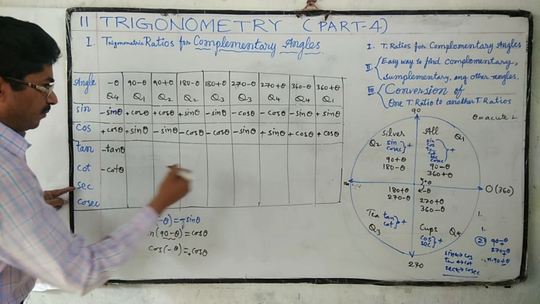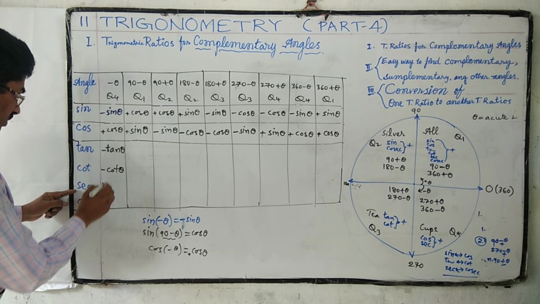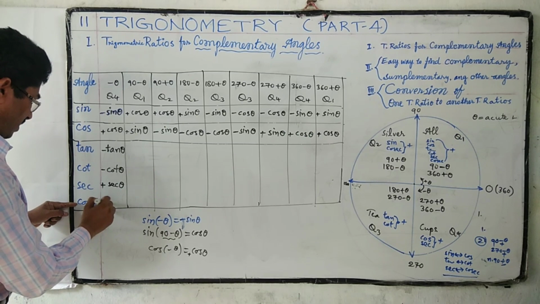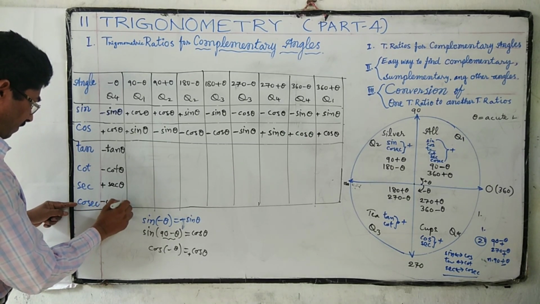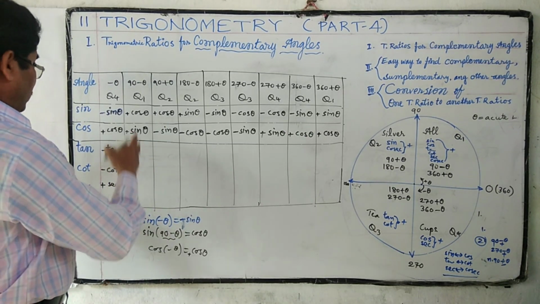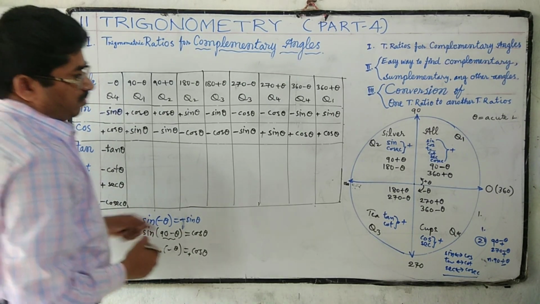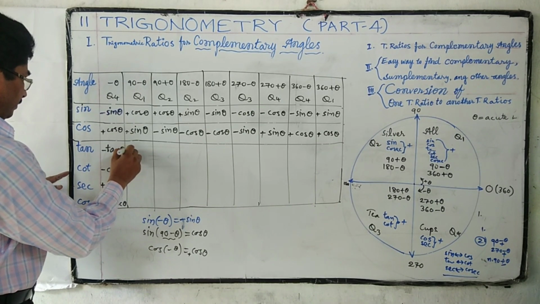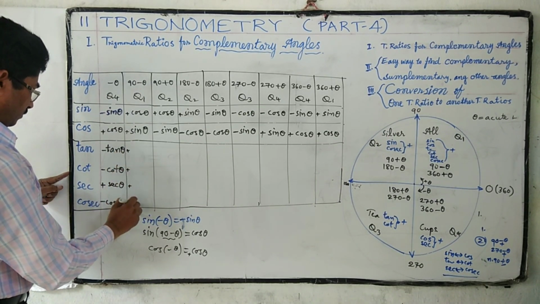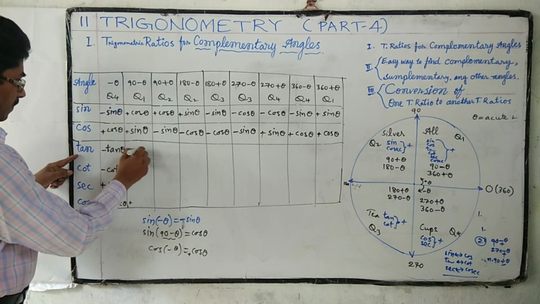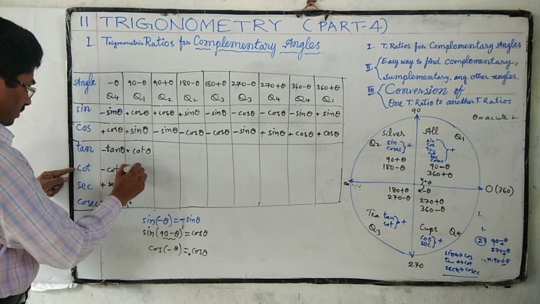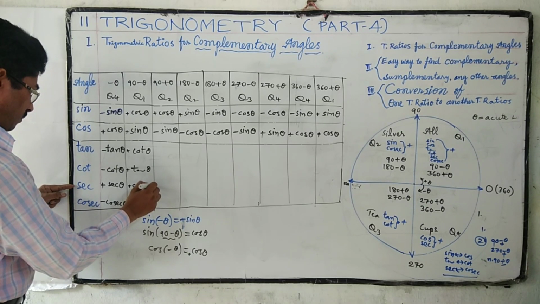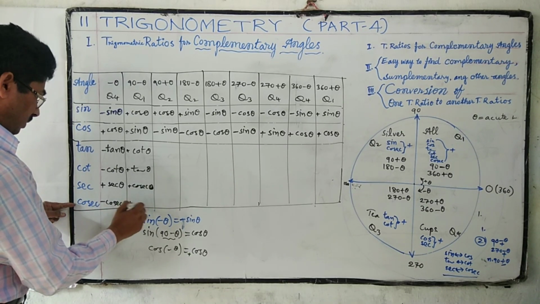Sec plus sec theta. Cosec minus cosec theta. Next, 90 minus theta: first quadrant, all positive only. We have to change the function: cot theta, tan theta, cosec theta, sec theta.